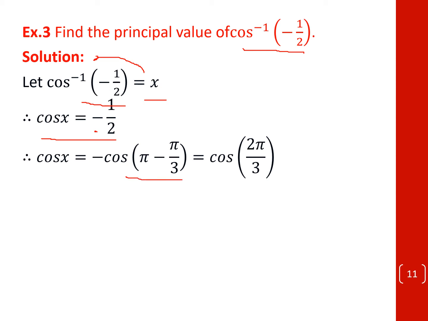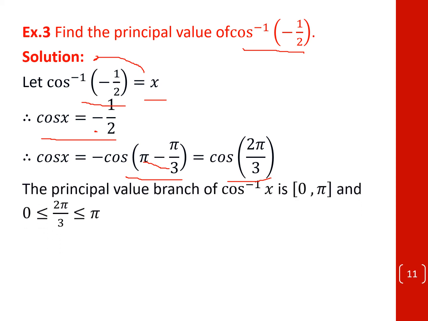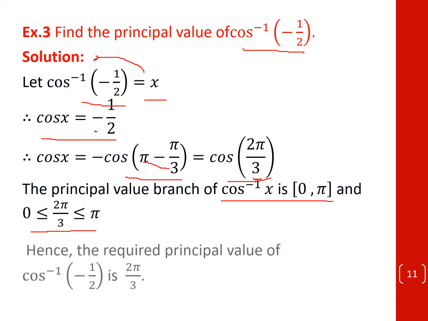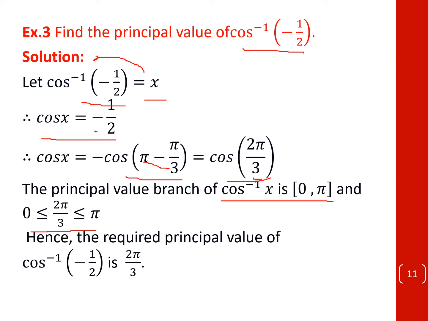See, cos is negative in second quadrant, which is equal to 3 pi minus pi gives us 2 pi/3. So cos x is equal to cos of 2 pi/3. Now the principal value branch of cos inverse x is 0 to pi, and this angle 2 pi/3 lies in closed interval 0 to pi. Therefore, the required principal value of cos inverse of -1/2 is 2 pi/3.